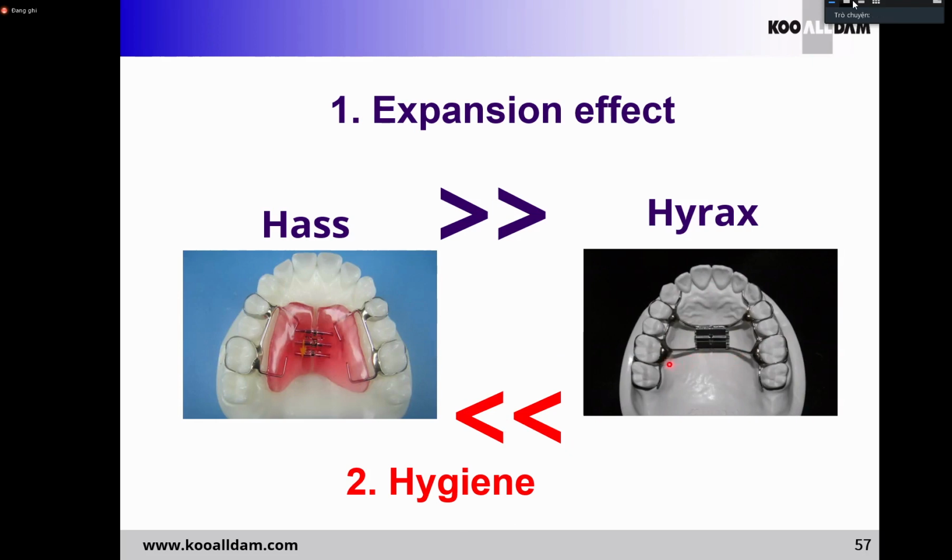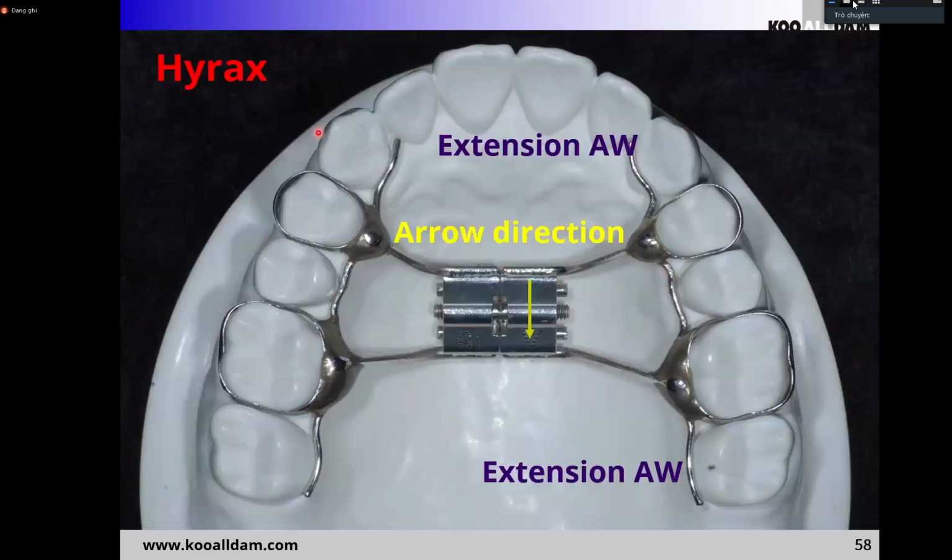Because of this, I will use Hyrax type expansion pliers. This is a Hyrax type. So we may bend tooth number 4 and 6 and extension arch wire like this. The arrow direction is posteriorly.